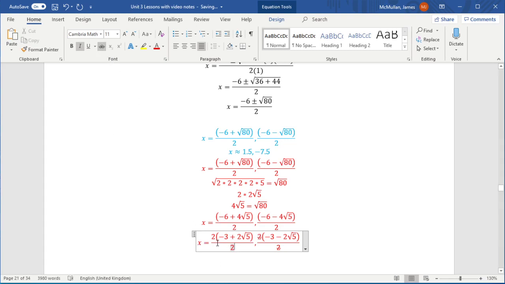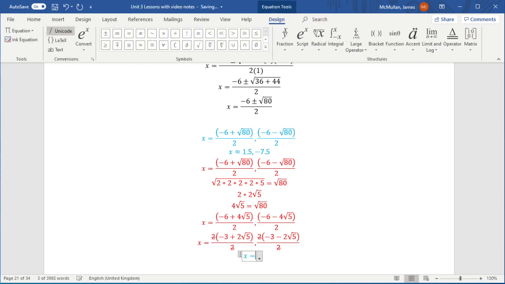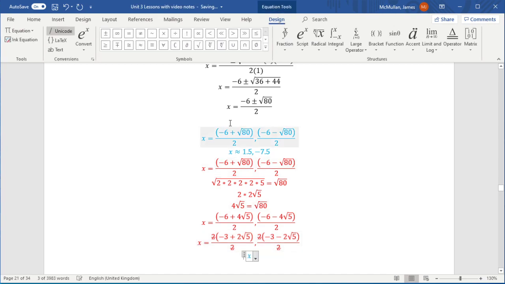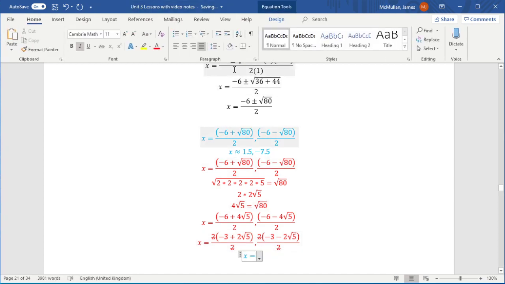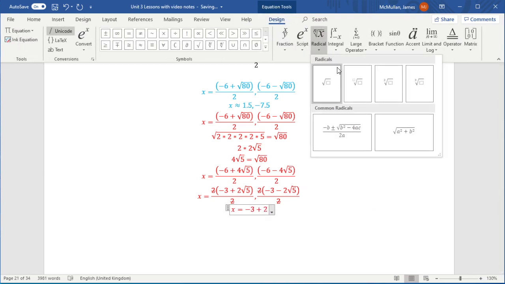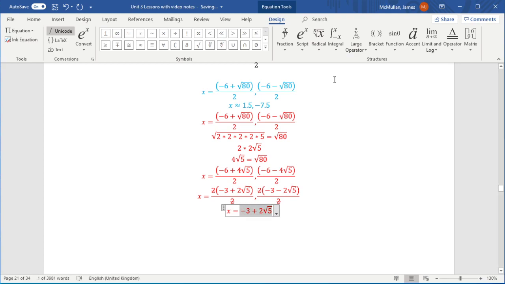Okay, and I can actually get a fairly simple answer, which is x equals negative 3 plus 2 root 5, and then negative 3 minus 2 root 5.